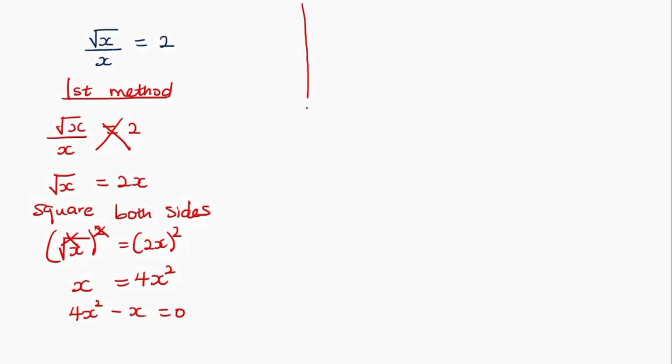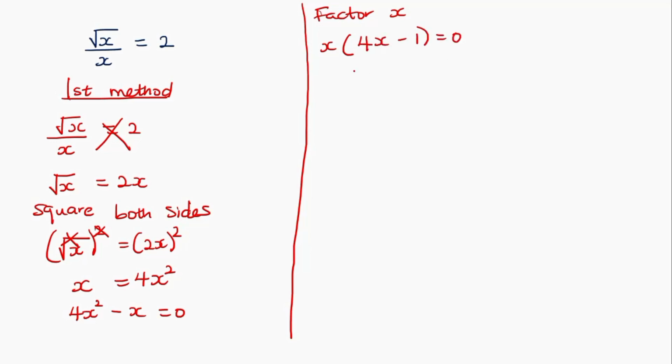So the next thing, guys, we want to simply do is to factor out x. So factoring out x, we have that x times (4x minus 1) is equal to 0. So from this, we have that x is equal to 0, or 4x minus 1 is equal to 0.